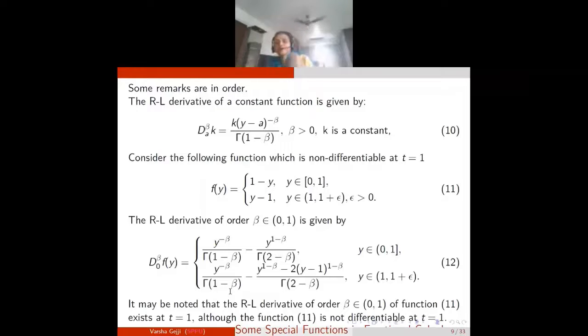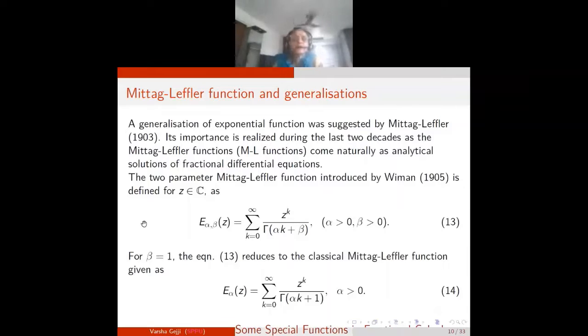So the Riemann-Liouville derivative captures lower order differentiability. It is not differentiable at order 1, but it is differentiable of order 0.99, for example, and all lower orders. So this is the beauty, and it tackles some such differential equations.